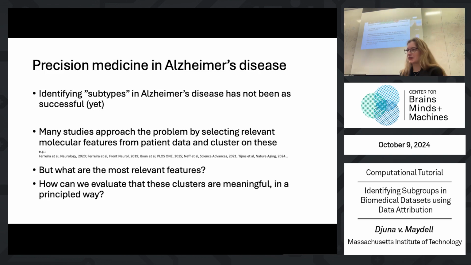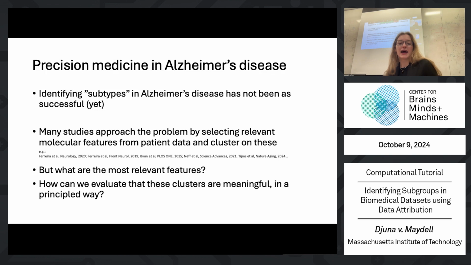Many previous studies in this field that have tried to do some kind of subtyping analysis have approached the problem by selecting relevant molecular features from patient data, either hand-selected or using linear models, and clustering on those features. That begs the initial question: what are the most relevant features that we want to use to discover whether subtypes even exist in this disease?